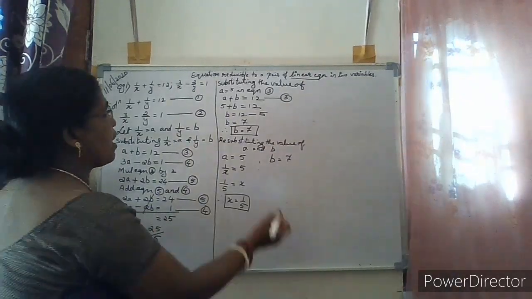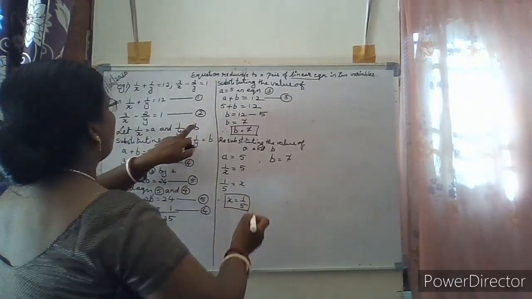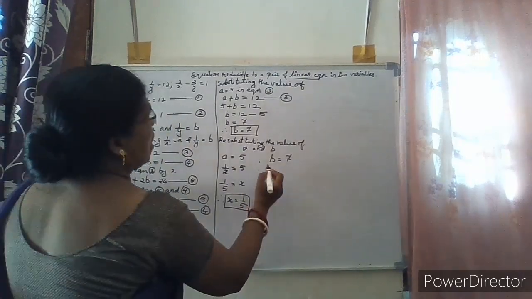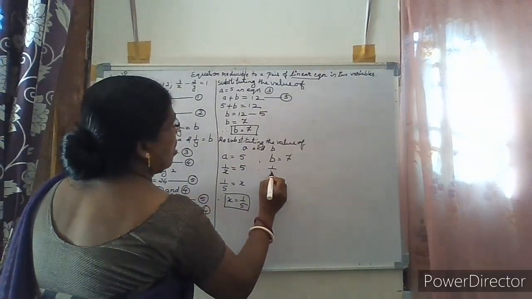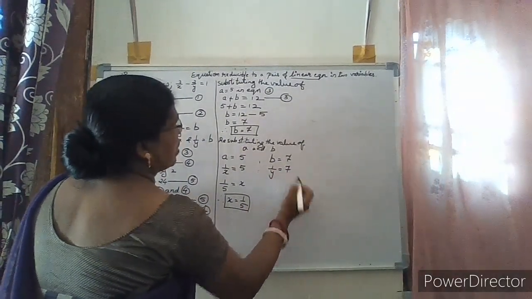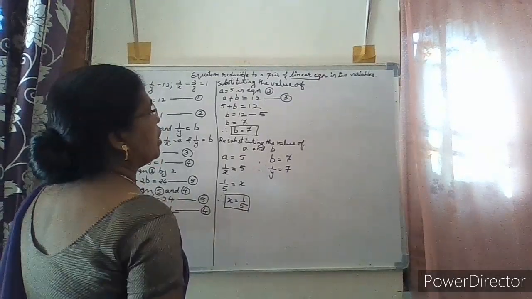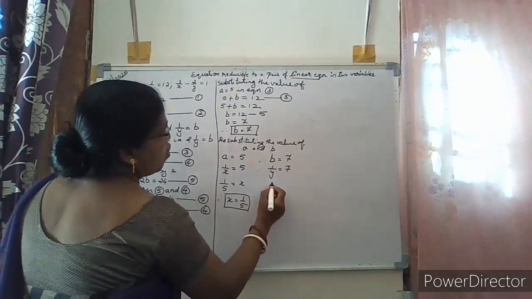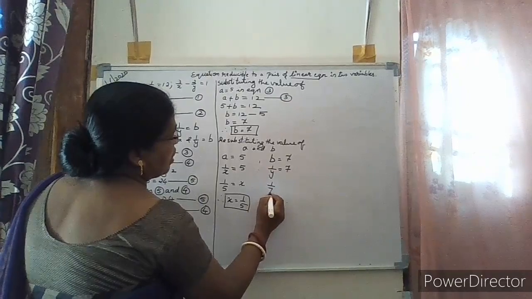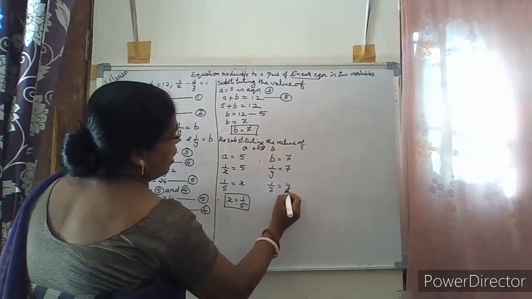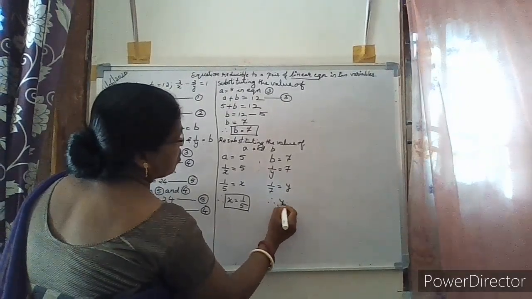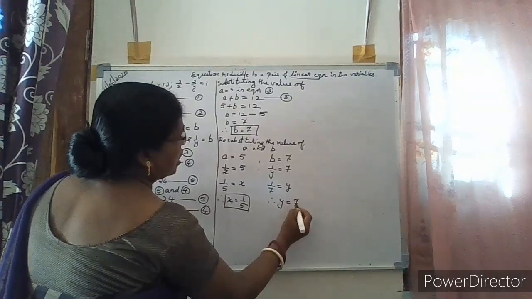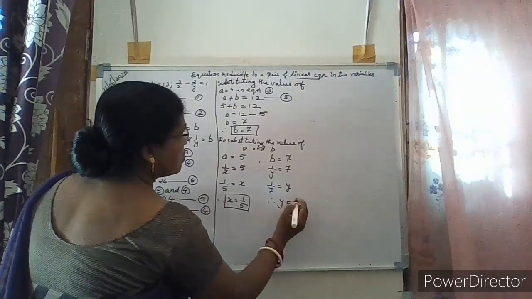In the same manner, b value substitute. B is equal to 1 by y. This is equal to 7. In the same manner, again you cross multiply it. 1 by 7 is equal to y. Therefore, y is equal to, we have got it as 1 by 7.